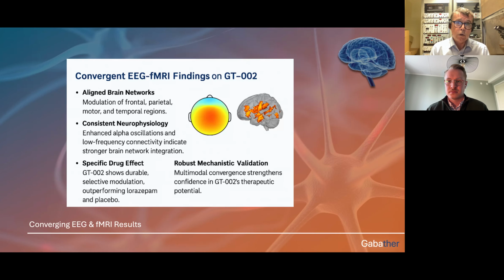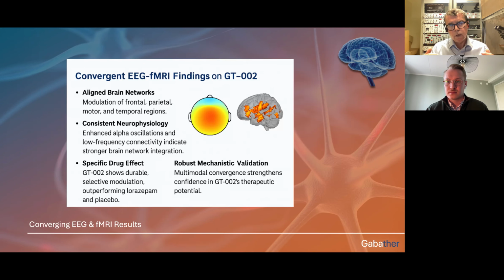We have also shown that the effect is specific, because in both fMRI and EEG, since this has come from the same experiment, we have lorazepam as a control substance, same receptor, different chemical structure, reference compound, and placebo, which is just a sugar pill. So the effects of GT002 were selective. They were consistent with what we have seen in the EEG.